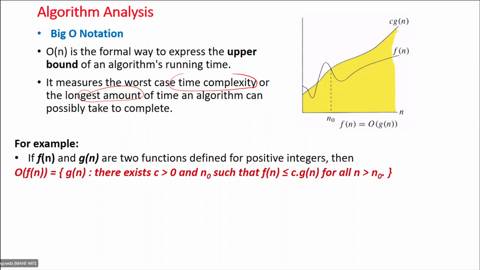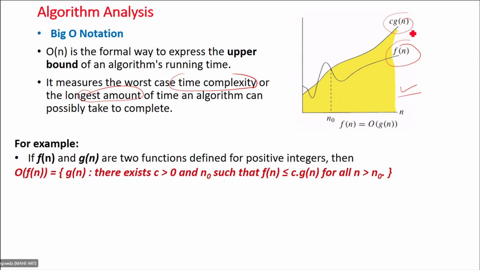It measures the worst case time complexity, and this is represented as shown in this figure. Here this is the function f of n, and the upper bound is c into g of n.